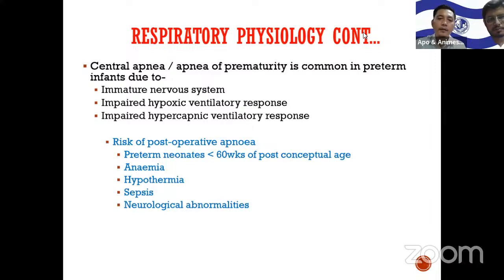Therefore, in preterm babies, the hypoxic and hypercapnic state does not increase the ventilatory rate. The risk factors for postoperative apnea are preterm neonates less than 60 weeks of post-conceptual age, anemia, hypothermia, sepsis, and neurological abnormalities.